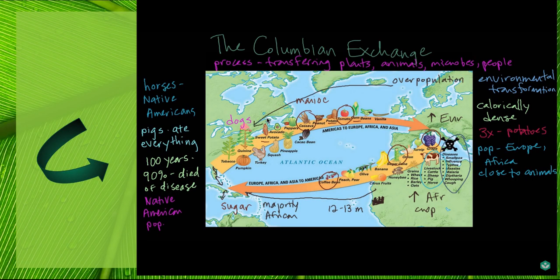So the contact and exchange initiated by Christopher Columbus when he connected the old world with the new had a profound effect on the environment, not just of the new world, but of the old world as well. And this profound effect on the whole benefited Europe at the expense of the Americas and of Africa.